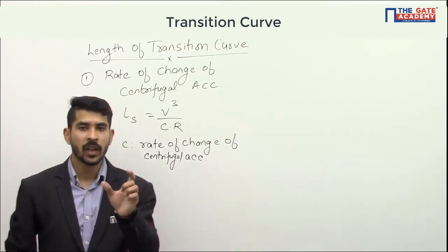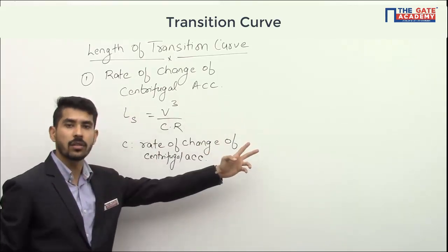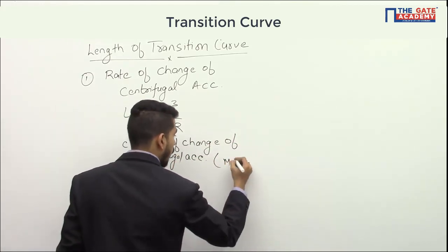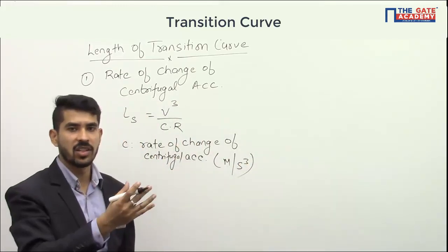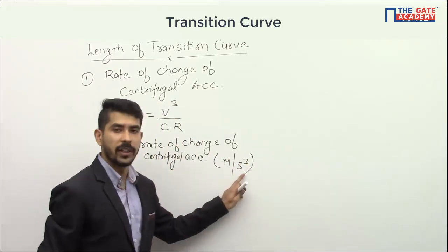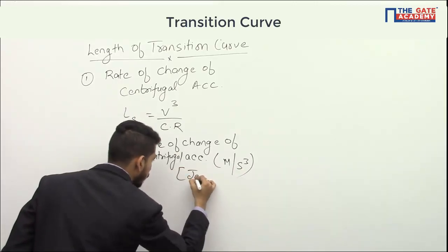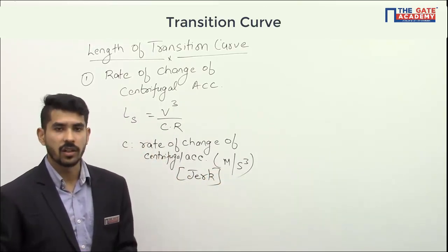We know that acceleration is what? Meter per second square, right? It is the rate of change of centrifugal acceleration, so the unit is meter per second cube. Acceleration is changing with respect to time, so meters per second cube. It is also known as jerk. This C is also known as jerk, right?